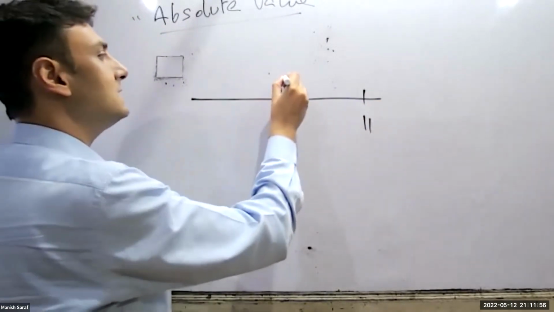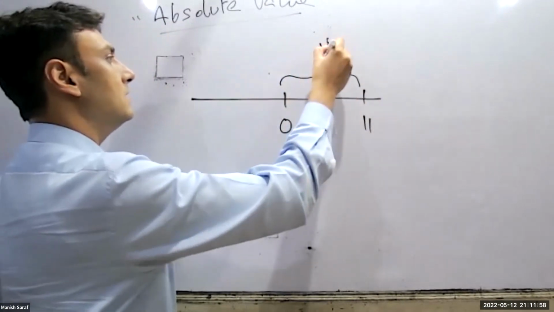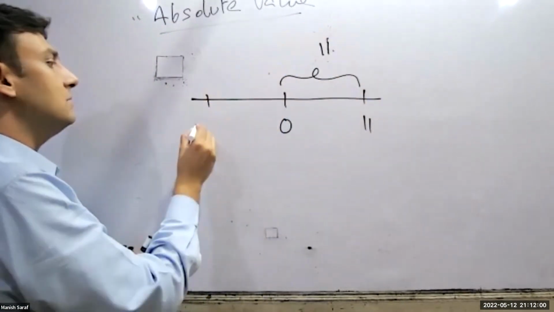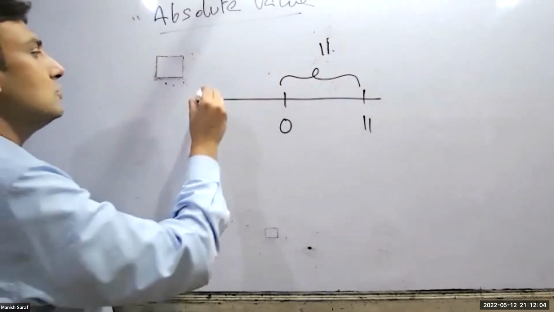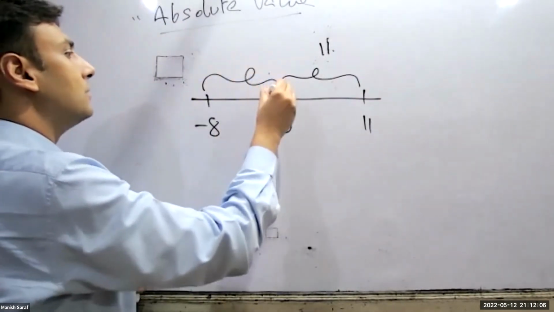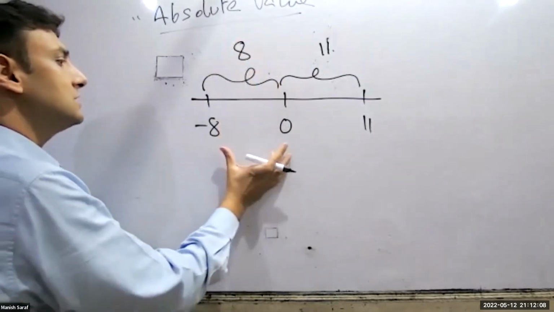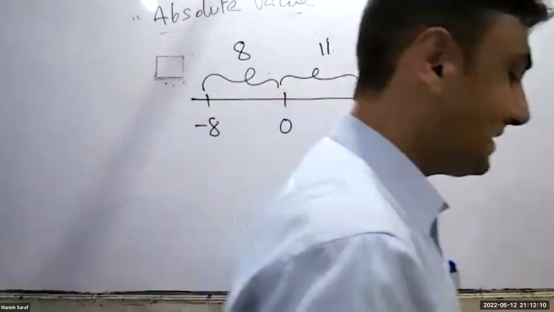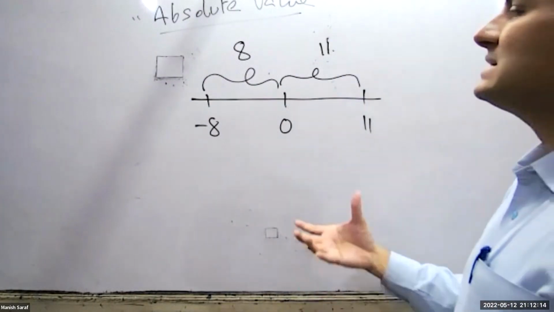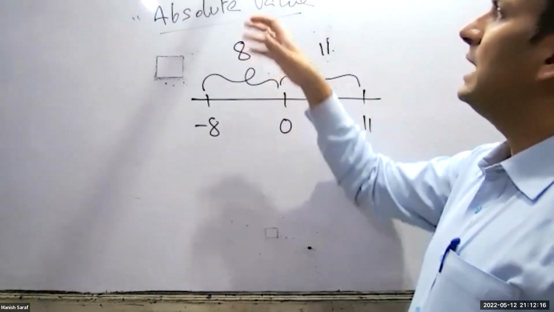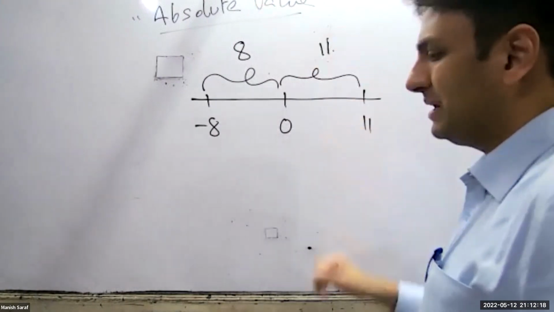So this distance is 11. Let's have another number, minus 8, on the left side of 0. Its absolute value will be not minus 8 but 8, because the distance of minus 8 from 0 is 8. Very good. So this is a very basic understanding of absolute value with respect to the number line.